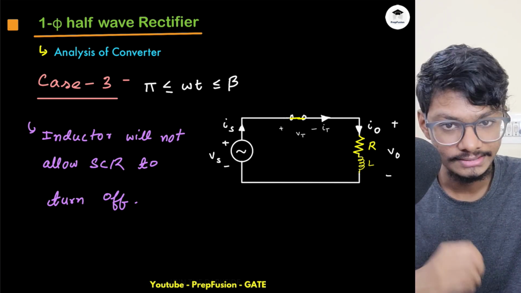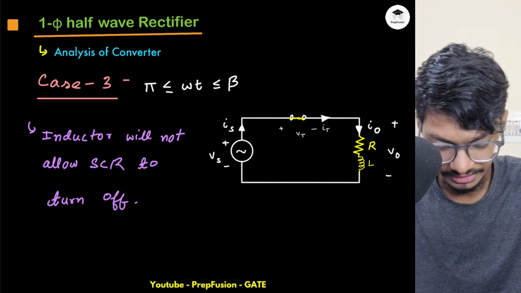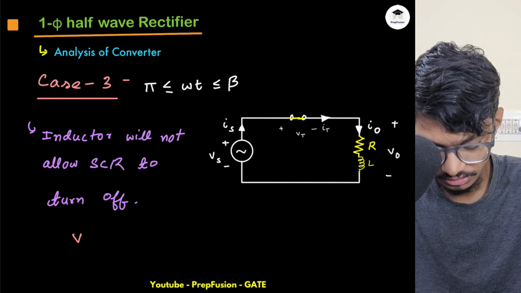Now why is it the case? Because it will try to keep a constant current flowing. So this time, my Is can never be negative again. Is has to be positive.